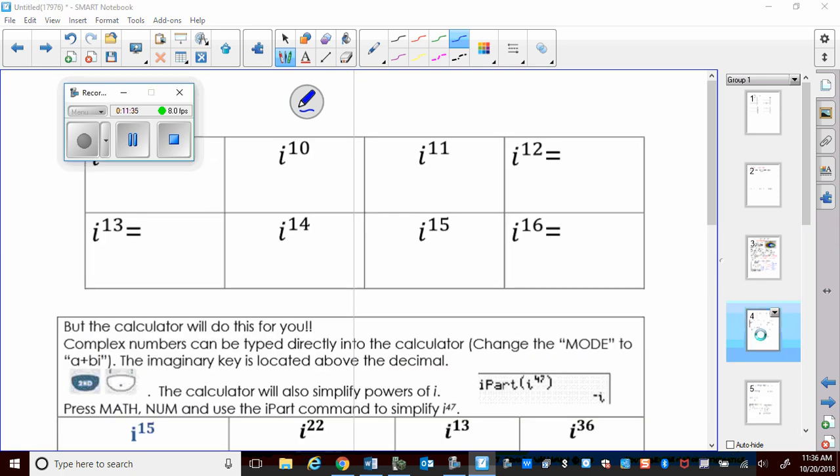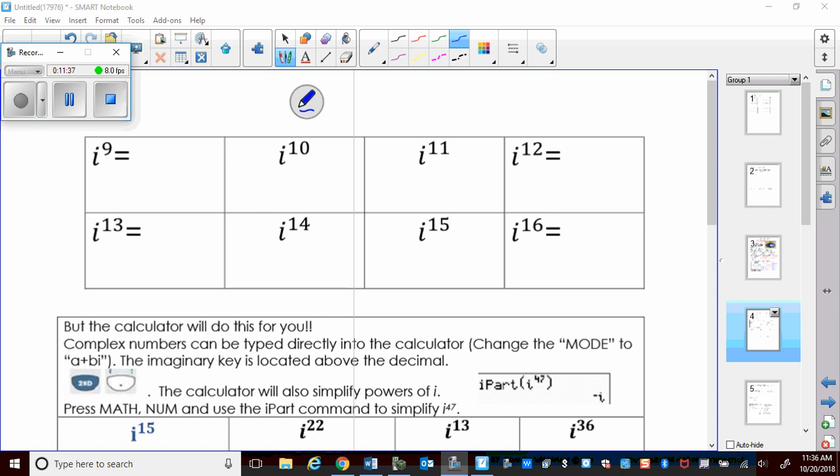So doing these problems here, I definitely like writing things out. So I write i to the fourth, i to the fifth here, and then I can break this down even further: i to the fourth, i to the fourth, and then 1 more i. And this equals 1 times the square root of negative 1, or the square root of negative 1.